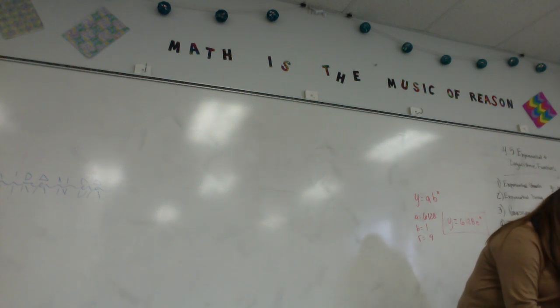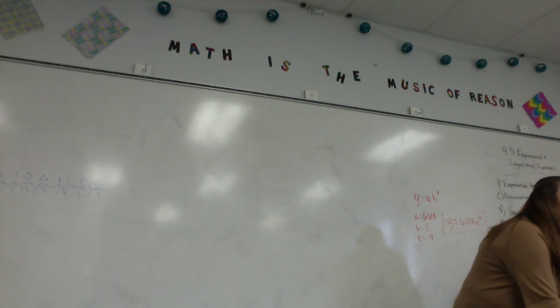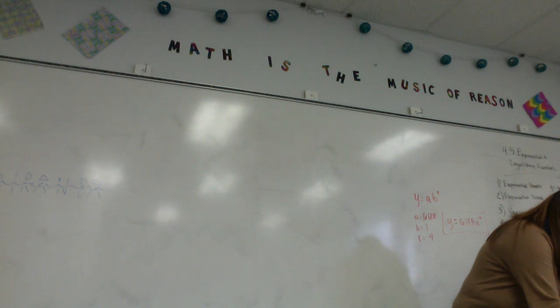Example 4 on page 369 is a way that we can do this. I'm not going to make you memorize those formulas, but you need to have them written out. Okay, so on example 4 on page 369, it talks about SAT scores.